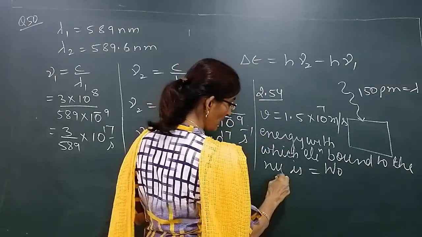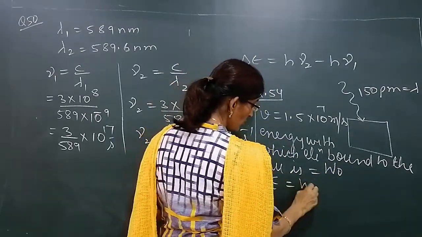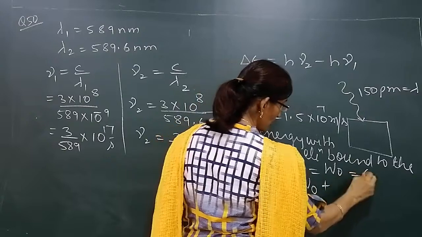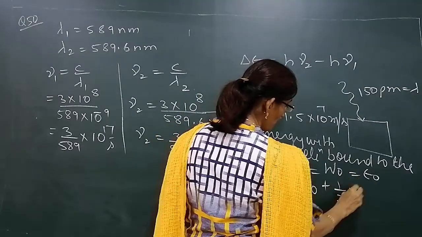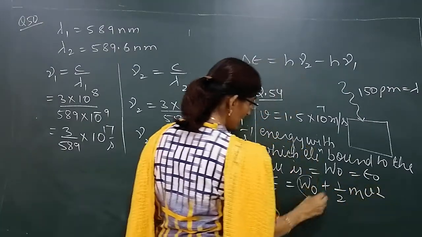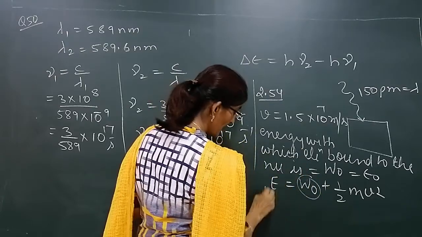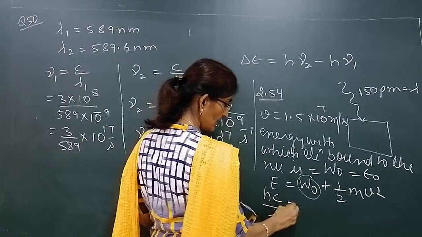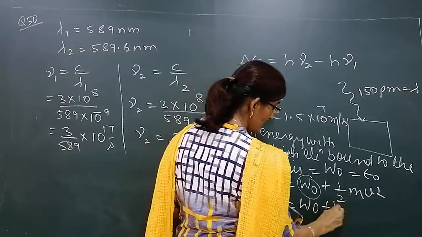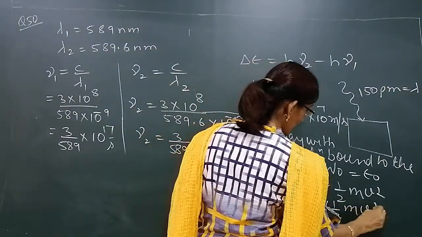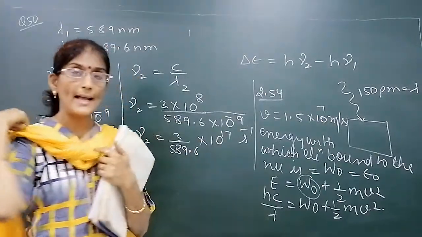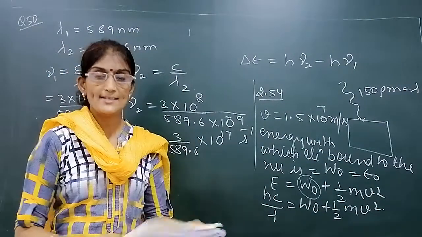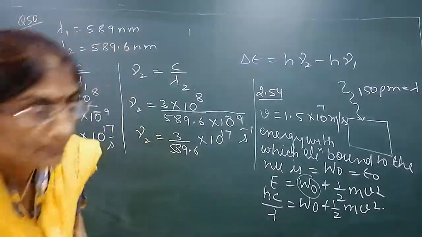So by applying this formula, E is equal to W naught, or you can also say E naught, plus half mv square. Put up all the values and calculate this. How to get E? hc by lambda. This lambda is given. Put it here and you get W naught. Half mv square can be calculated. Velocity is given and mass of electron is 9.1 into 10 raised to power minus 31. Solve that.